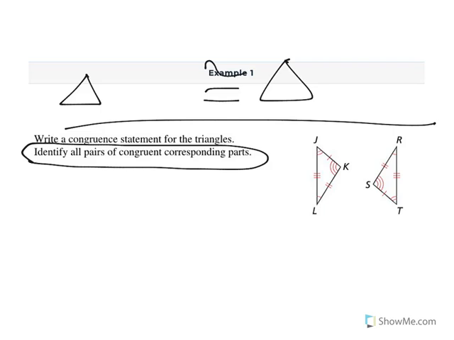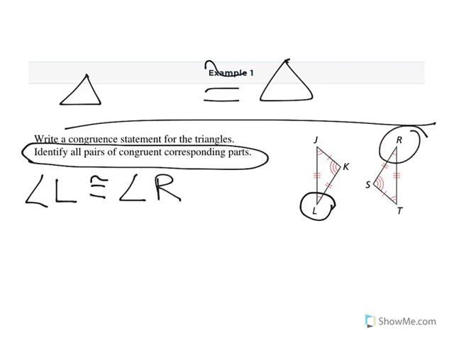So let's start with our angles. And make this simple on yourself. Look for whichever one has one congruent mark. Start there. Angle L is congruent to angle R because it also has one congruent mark. Okay, so then let's think about what has two congruent marks.